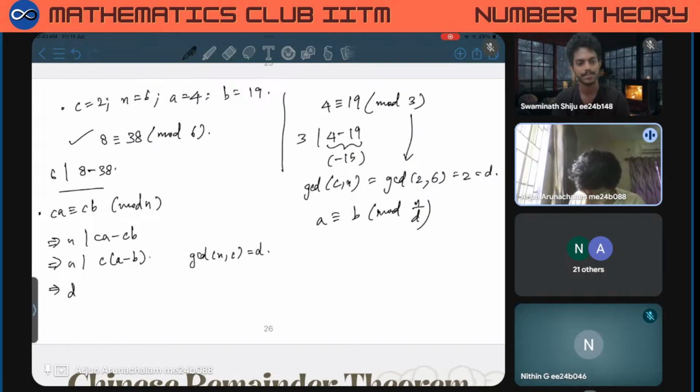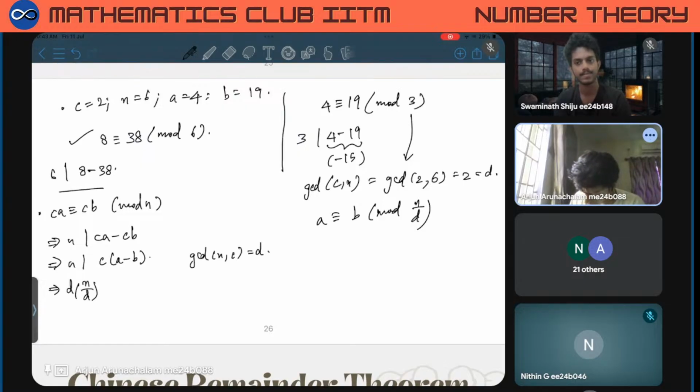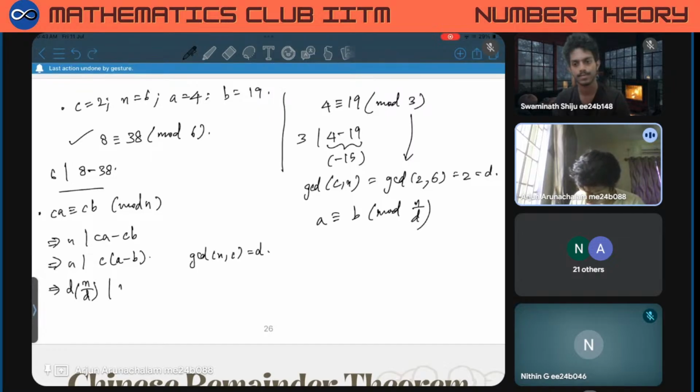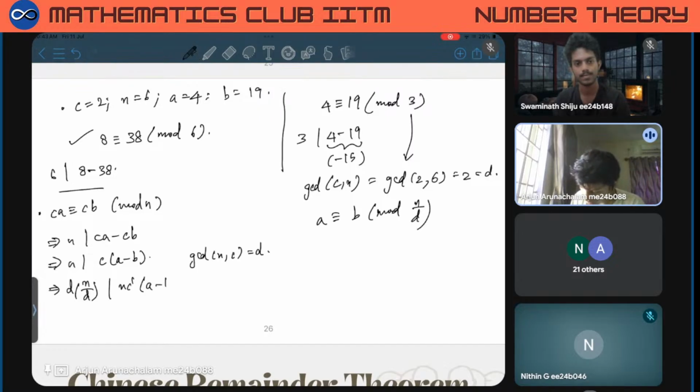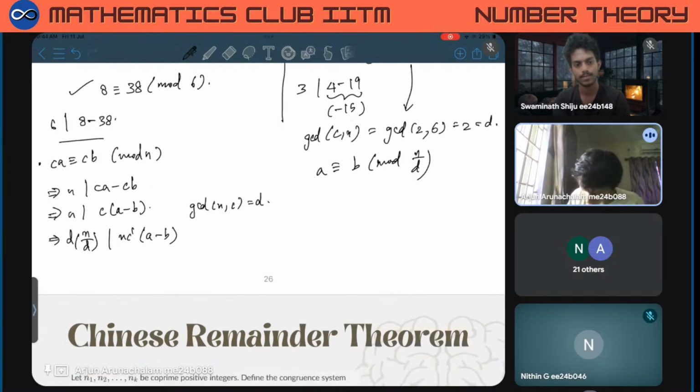So just write this as dn dash, or in fact dn dash divides dc dash into a minus b.